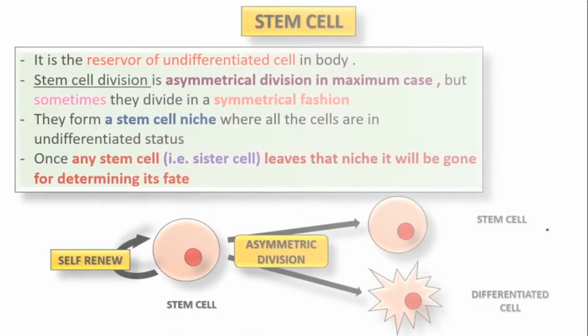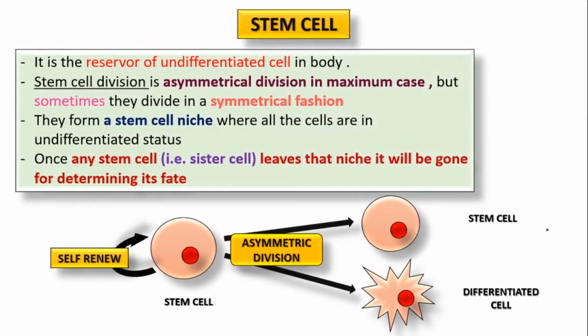So next is the concept of the stem cell. We are all aware of this term. Stem cells can be found in the animal body system, and they act as the reservoir of undifferentiated cell mass in our body.